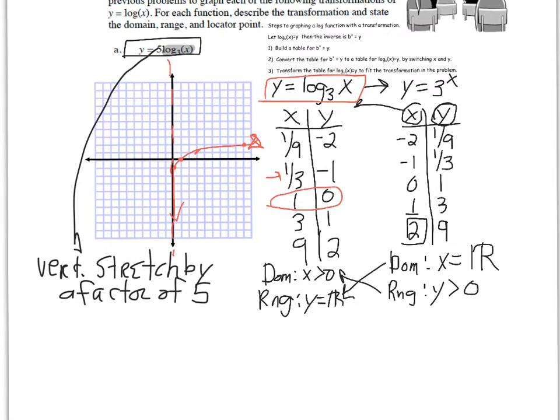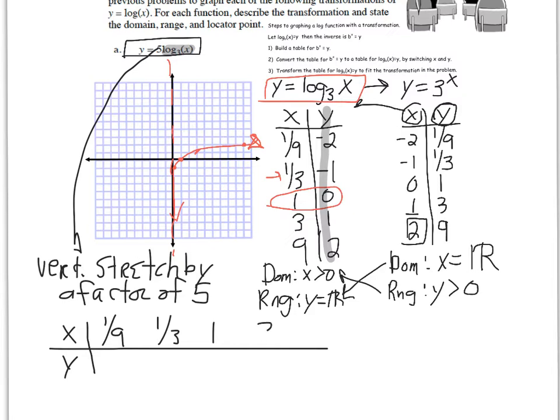That means all of these output values for log base 3 of x have to become 5 times taller. So this table, I'm going to write it sideways, x and y. X isn't going to change. We've got 1/9, 1/3, 1, 3, and 9.